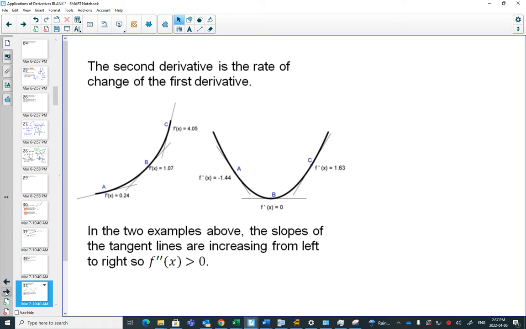How did we check, originally, if a function was increasing? How do we check if our original function was increasing? We did a number line, right? And we drew an arrow up. When did we draw the arrow going up? When it was positive, right?